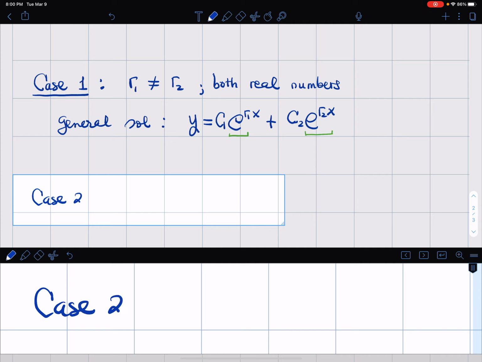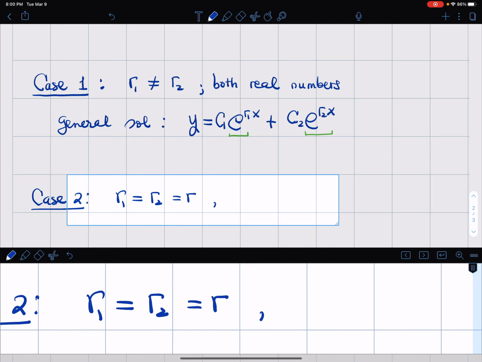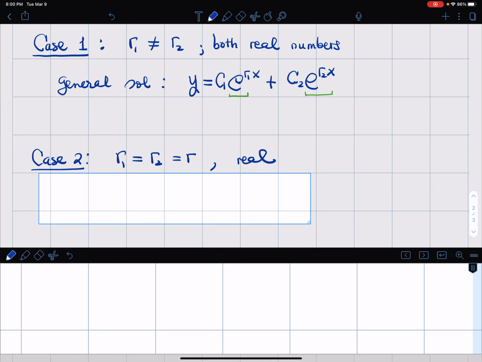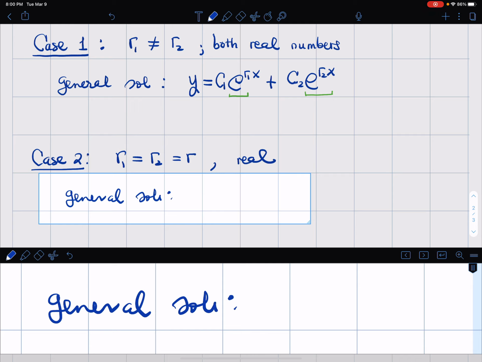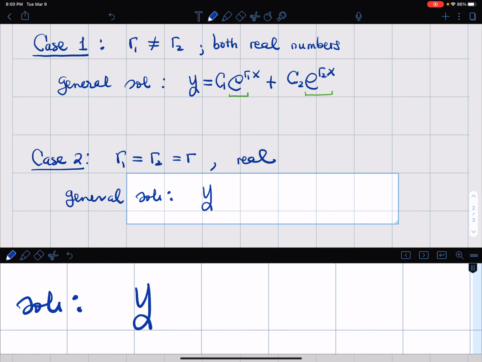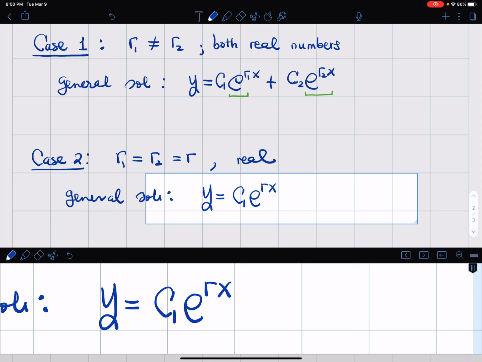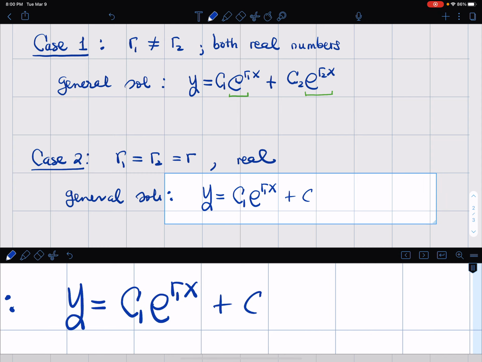Let's look at the second case, where r1 is equal to r2. Let's just call it r since they are both equal, and it's a real number. It's not complex. I'm going to write a general solution here. The general solution is going to be c1 e to the r1 x plus c2 e to the r2 x.